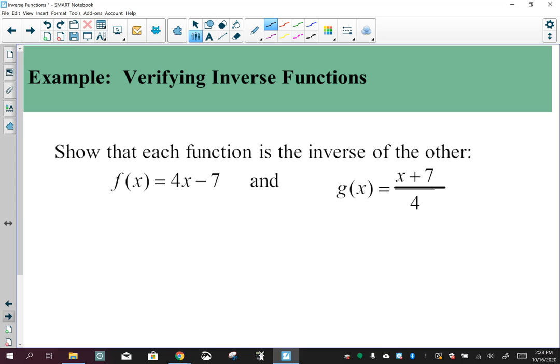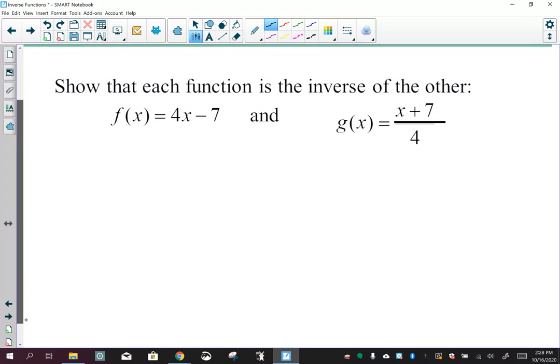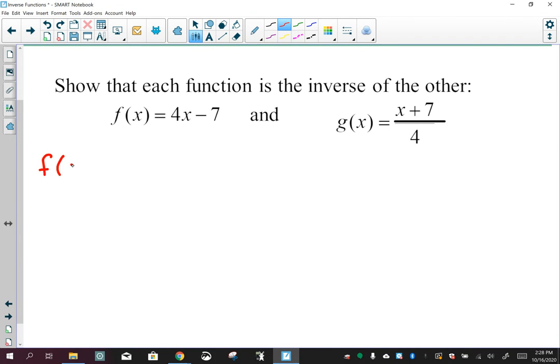So I need to show that these two are actual inverses of each other. So one of the things I want to do is I'm just going to go ahead and start off composing f with g of x. So that means I'm going to come over here, because remember f is my focus and g is my substitution. So I'm going to say 4 times x plus 7 divided by 4, minus 7.